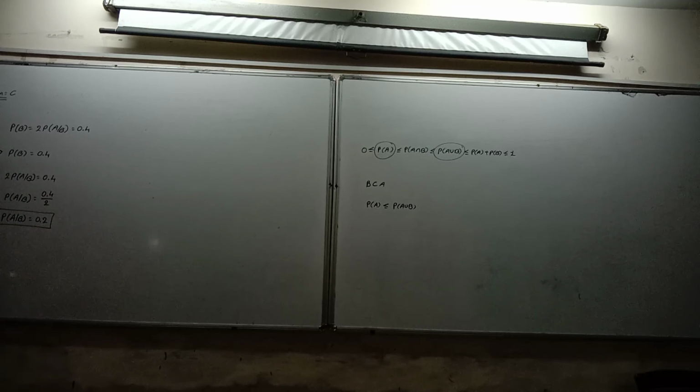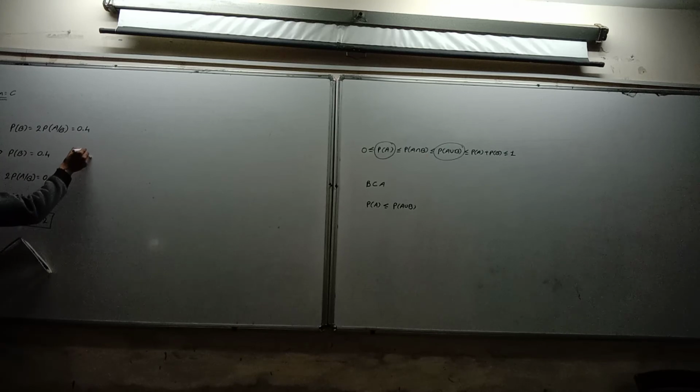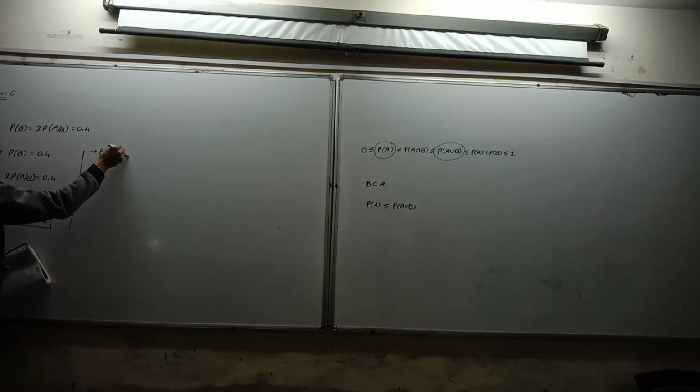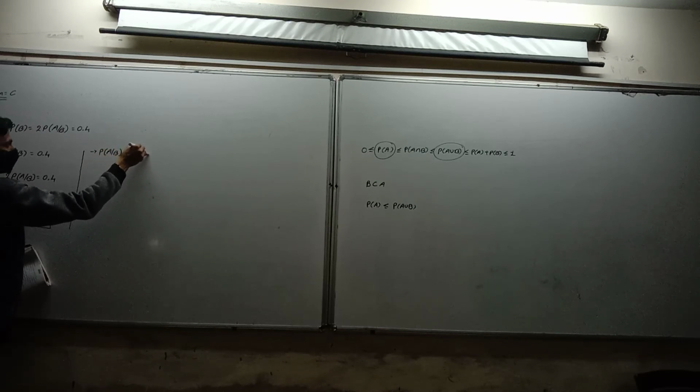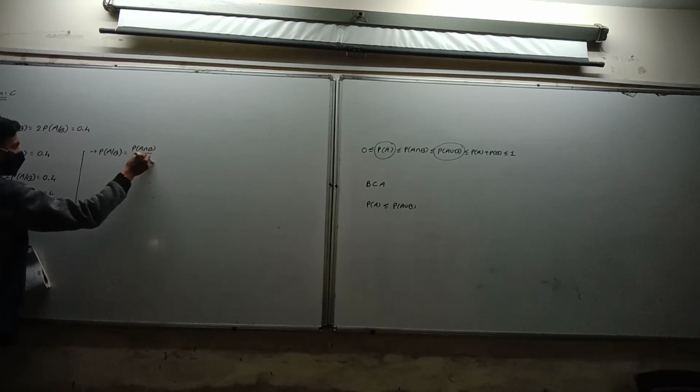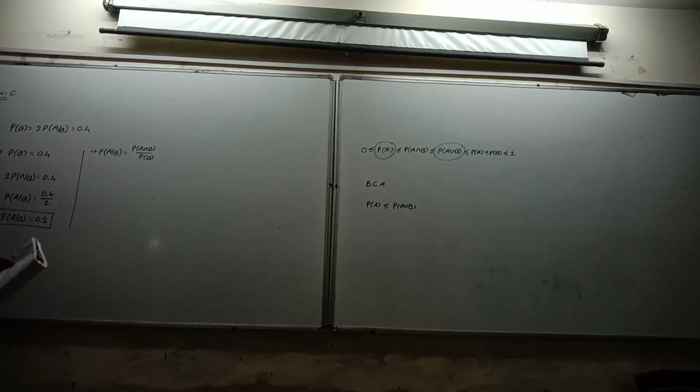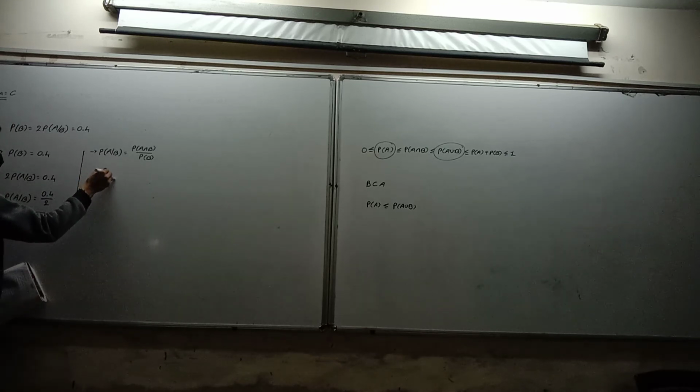Using formula for conditional probability, P of A given that of B is equal to P of A intersection B upon P of B. आपको क्वेश्चन में बोला था फाइंड द A intersection B. P of A given that of B, value is 0.2.